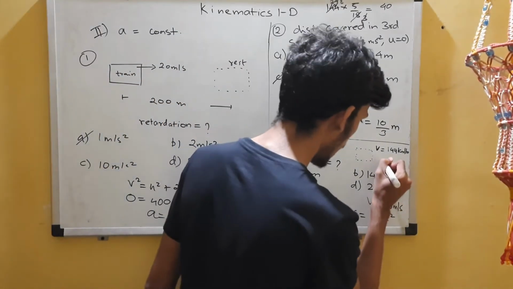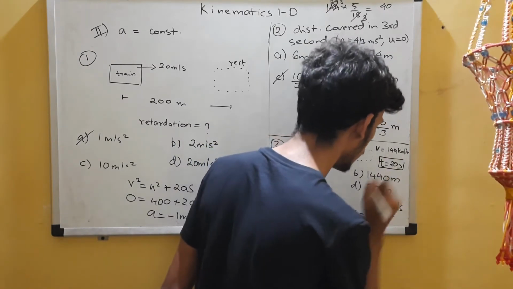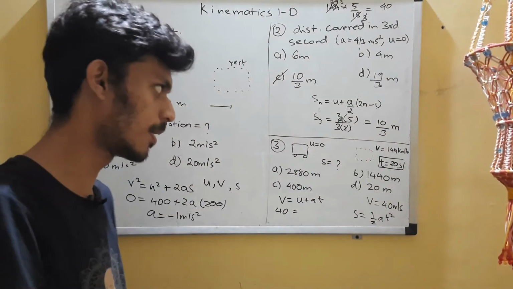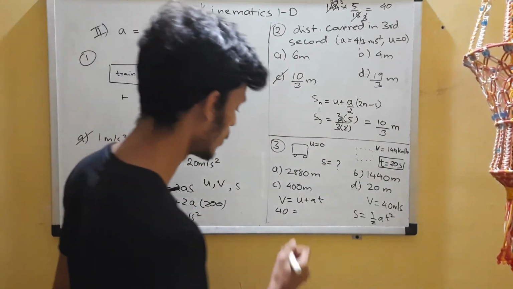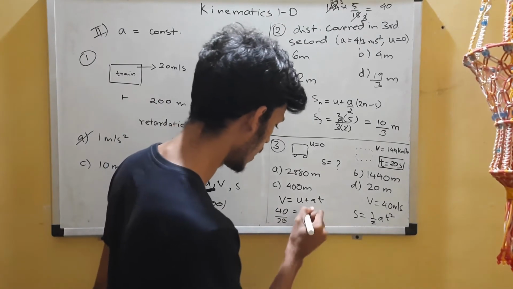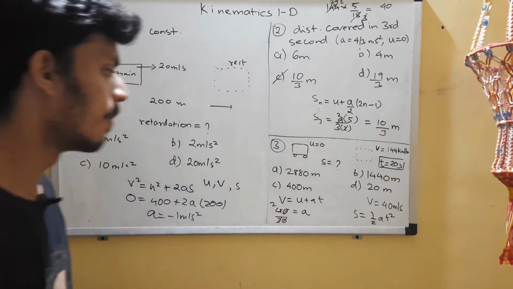So sorry, the time was given as 20 seconds over here. So the bus moves from 0 initial velocity to 144 kilometers per hour in 20 seconds. So the time was given. So basically 40 by 20, right? That will give you the acceleration. So basically the acceleration is 2 meters per second square.